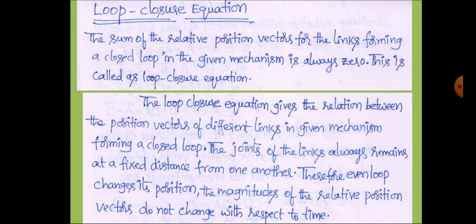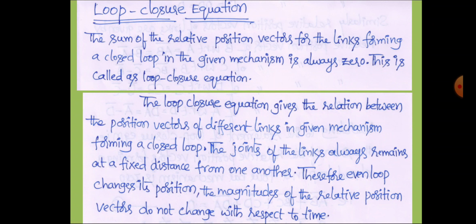So what does this loop closure equation give? It gives the relationship between the position vectors of different links in a mechanism. Therefore, even if the loop changes its position, the magnitudes of the relative position vectors do not change with respect to time.